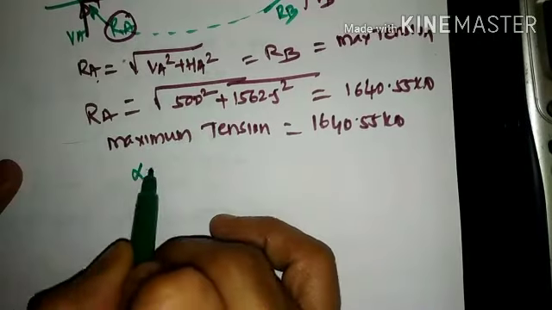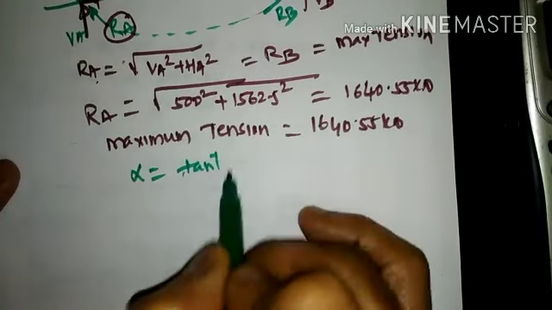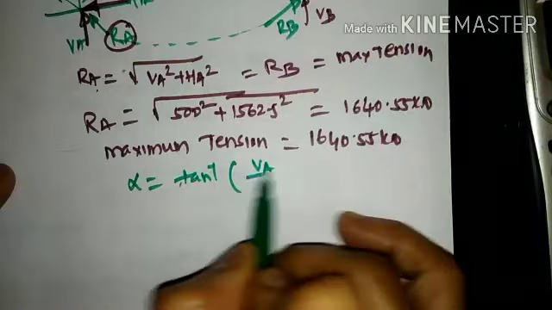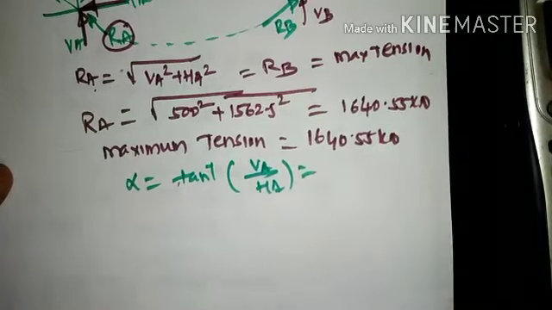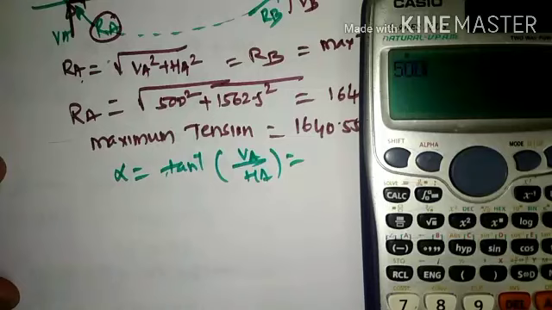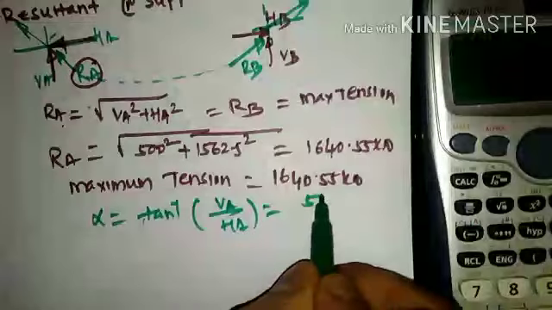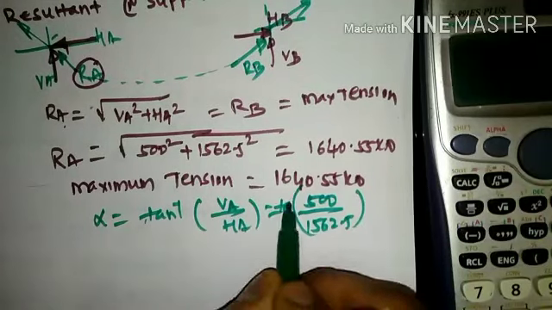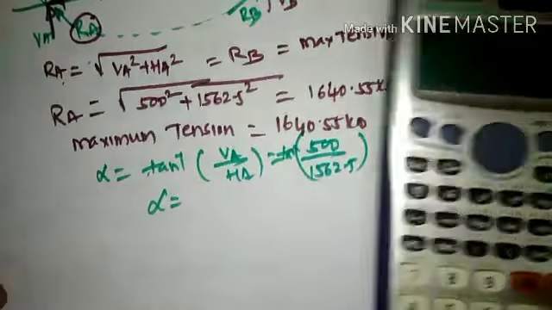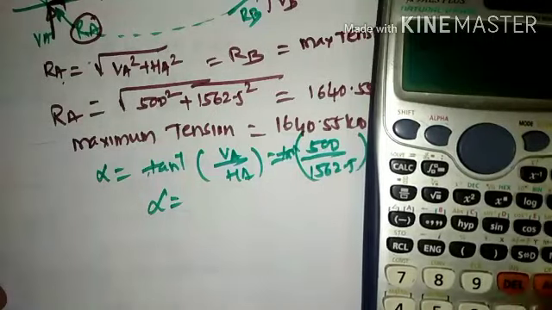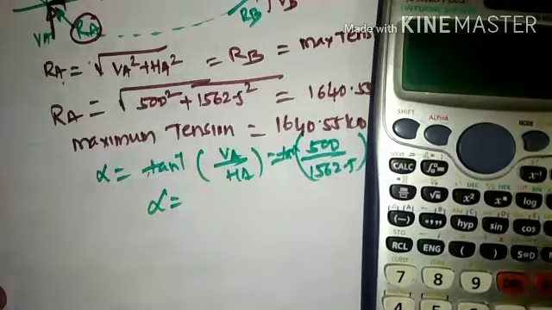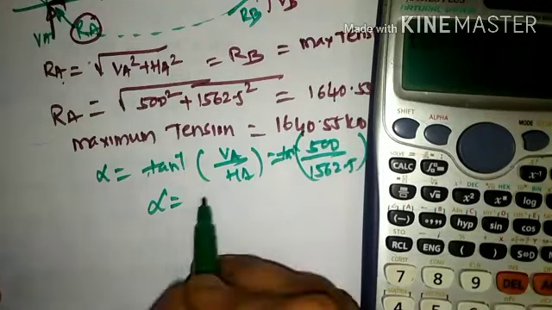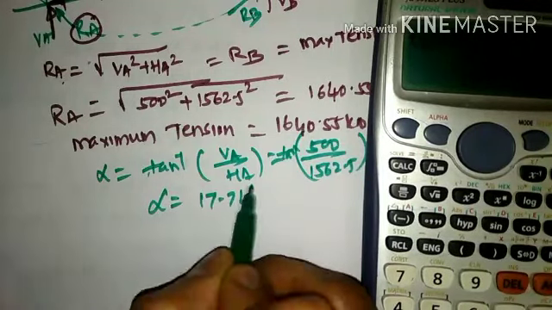Alpha will be calculated as alpha is equal to tan inverse of VA by HA, and whose value will come out to 500 divided by 1562.5, tan inverse. So alpha will be equal to 500 divided by 1562.5, shift tan inverse, and whose value will come out to 17.74 degrees.